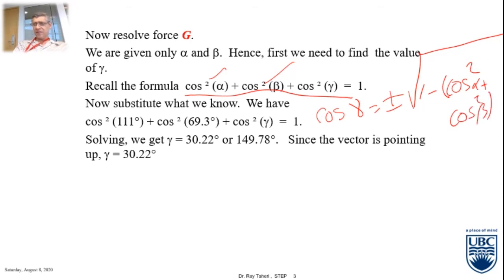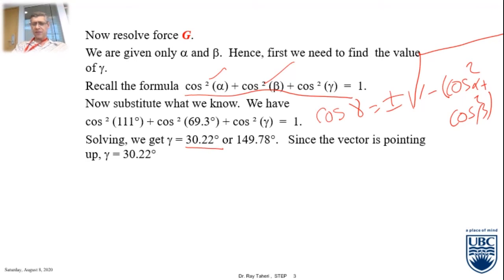So you have positive and negative, but however, as I explained in the previous slide, we go with the positive, or from 0 to 90 degree angle. So the correct value is this. The angle gamma is between 0 and 90, so it's 30.22 degrees.